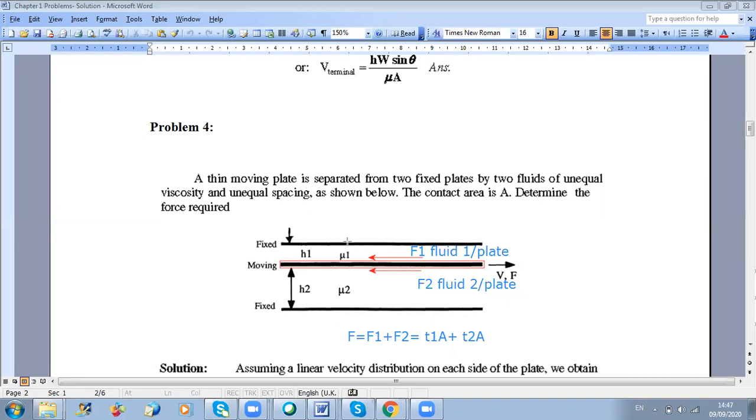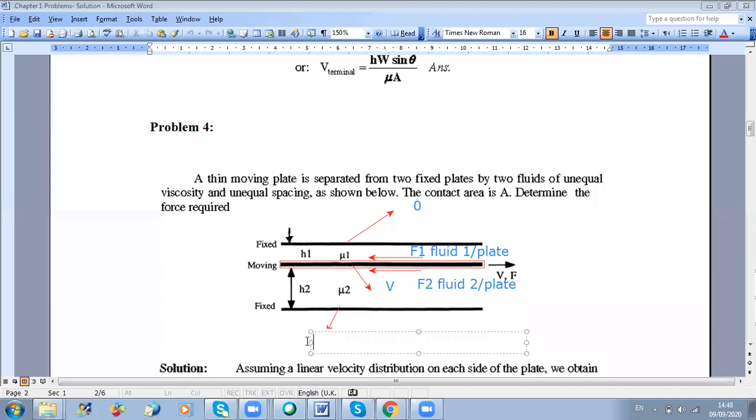So here the velocity is 0, okay? And here, at this level, due to the no slip condition, the velocity is equal to V, because the plate is imposing motion on the fluids. And the bottom plate is a fixed plate, and because it's fixed, the velocity here is 0.